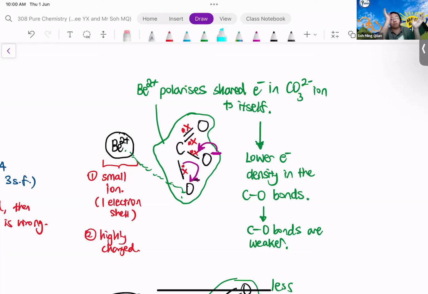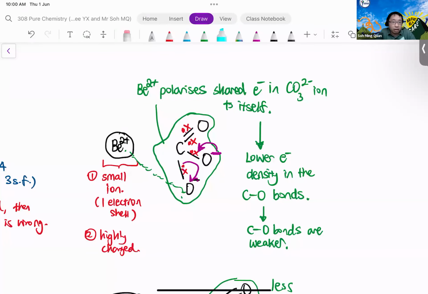However, there is covalent bonding between the carbon and oxygen atoms in the carbonate ion. That's why we say beryllium carbonate has both ionic and covalent bonding: ionic between the ions, covalent between the carbon and oxygen atoms in the carbonate ion.